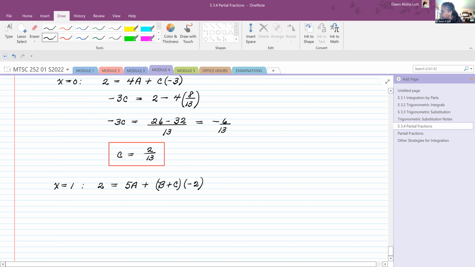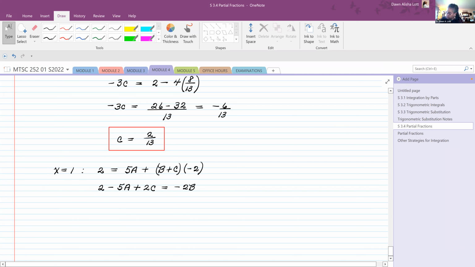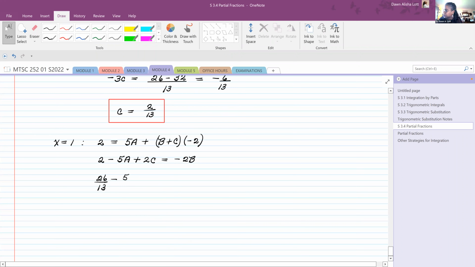Okay, so now I'm solving for b. So I have 2. Over here, I have -2c, so I'm going to get minus 5a. And then I'm going to have a -2c, which is going to move to the other side as a positive 2c. And that's going to give me a -2b. Okay. So I already know the denominator is 13. So I'm going to have 26 over 13 minus 5. What's a? A is 8 over 13.